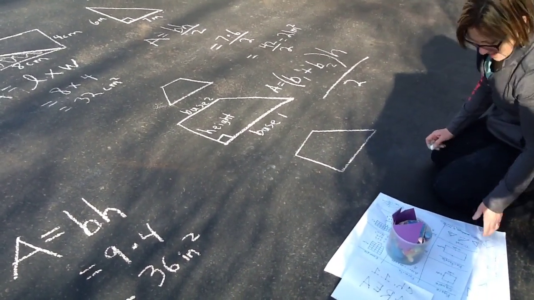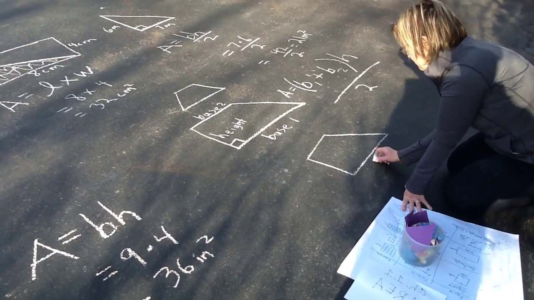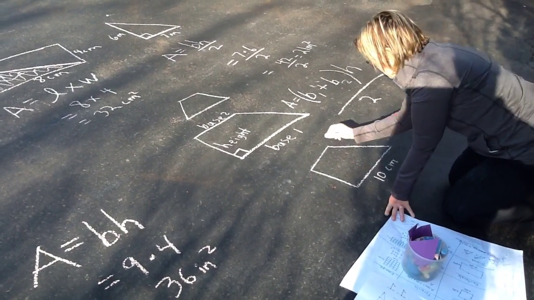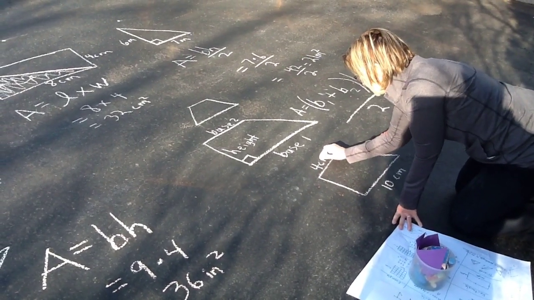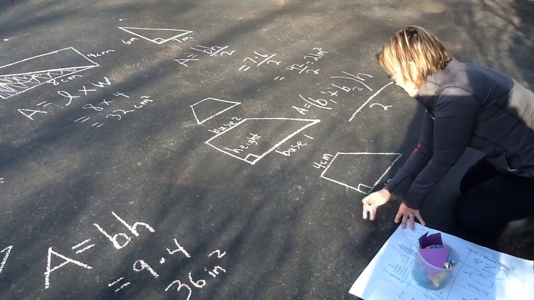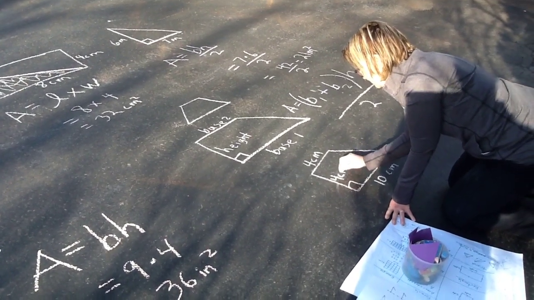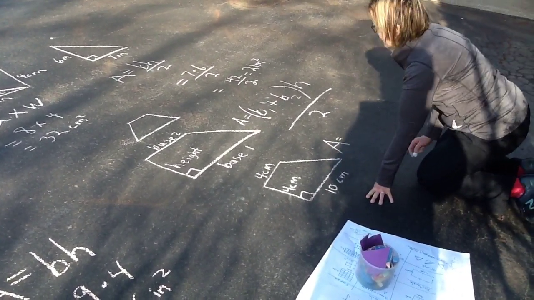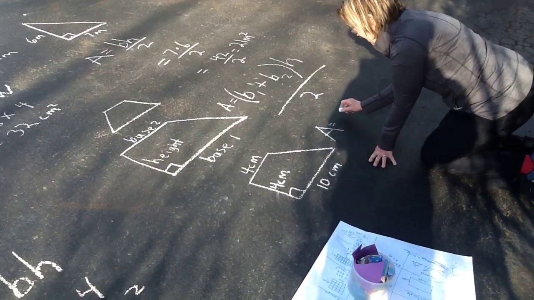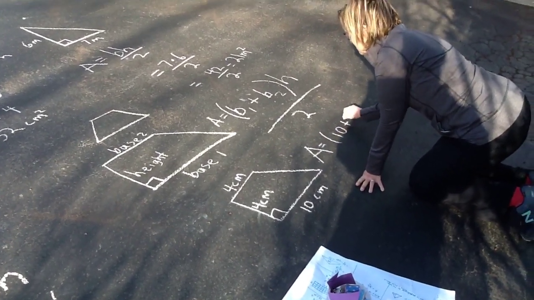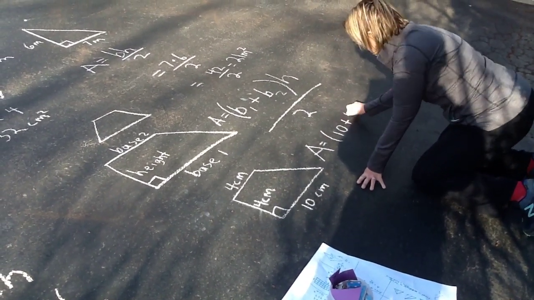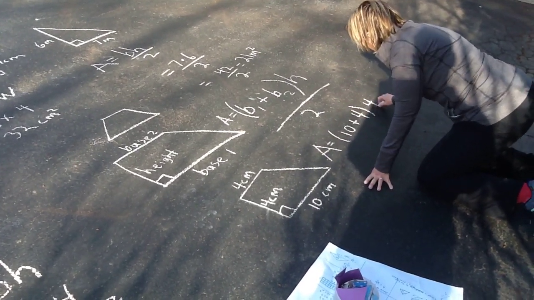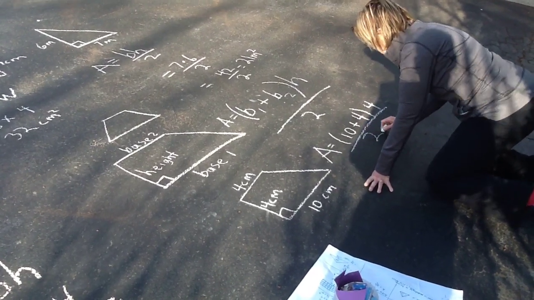So if I have, let's see, base 1 is 10 centimeters, base 2 is 4 centimeters, and my height is 4 centimeters. Formula for trapezoid area. Base 1 is 10, plus base 2 is 4, times the height, which is 4, all that divided by 2.